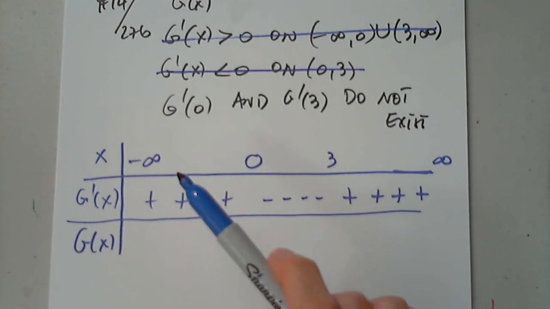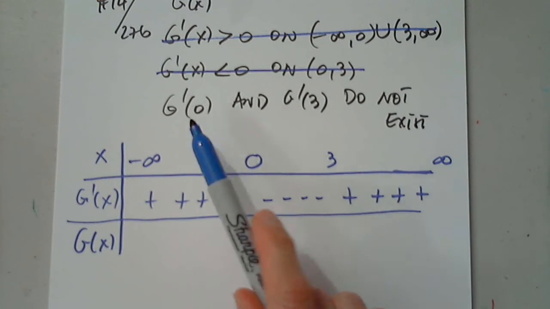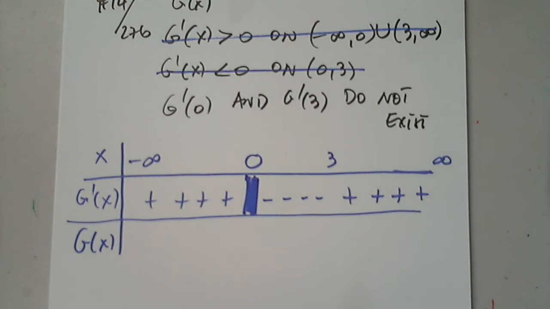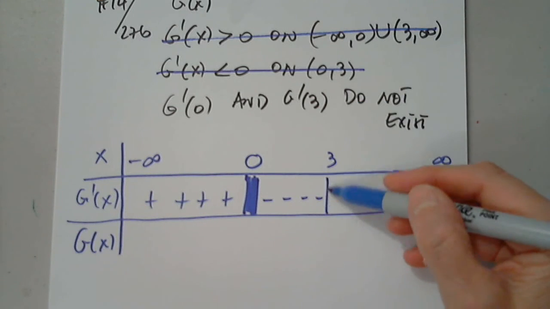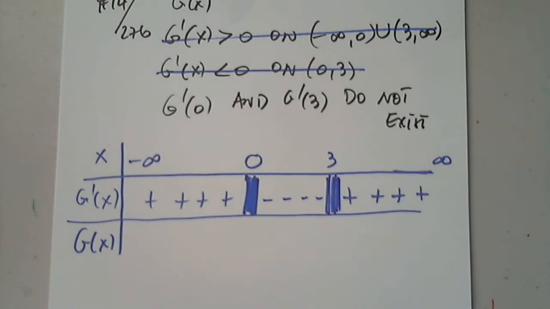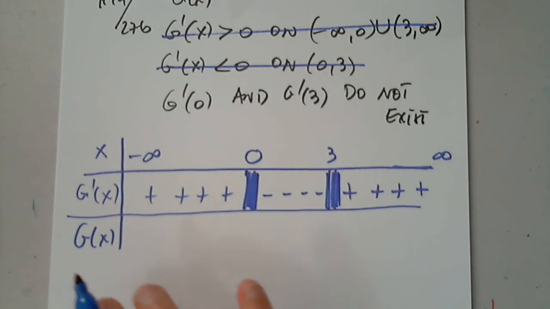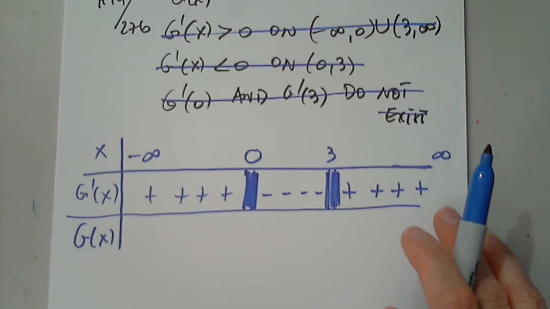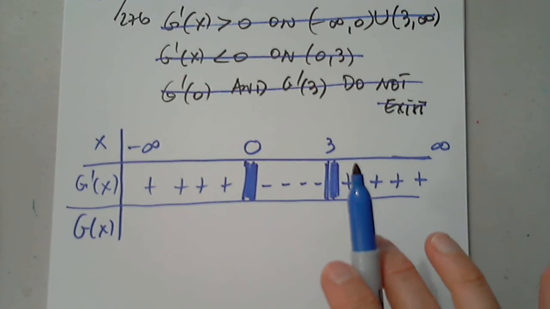Now I'm told that g prime of 0 does not exist. I don't have a number to put in there. And I'm also told that g prime of 3 does not exist. Now, this is done. So I summarized all my information in the table. I have to caution you.